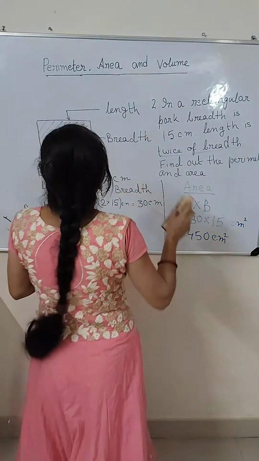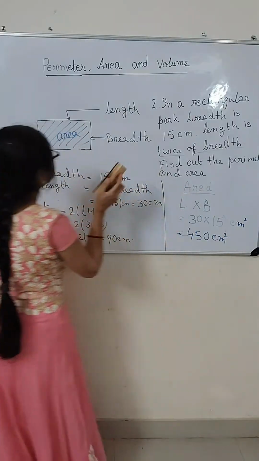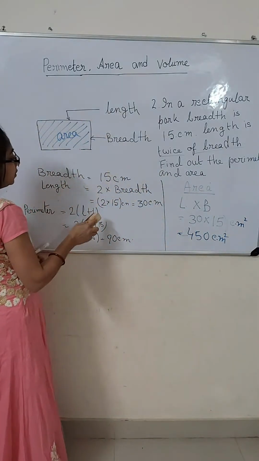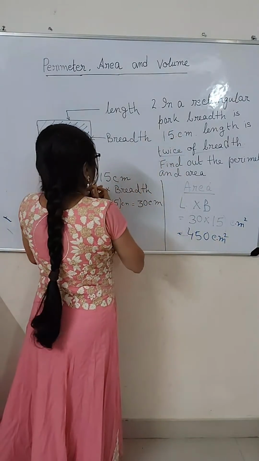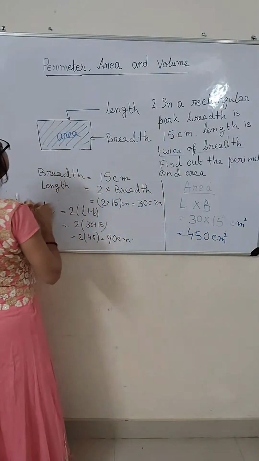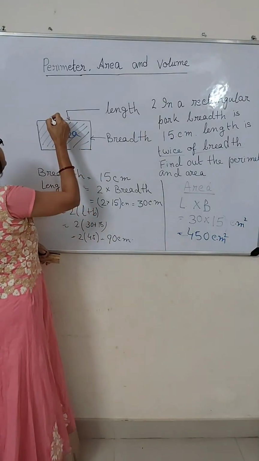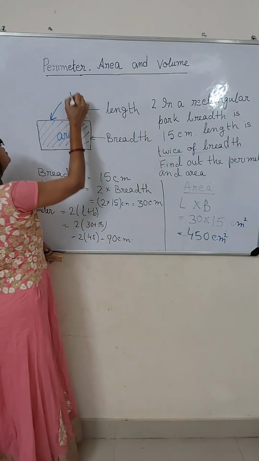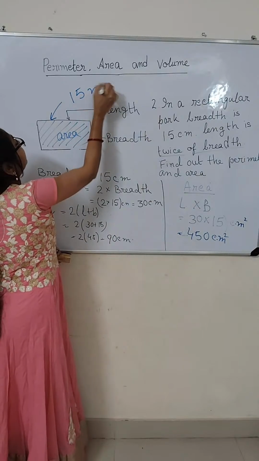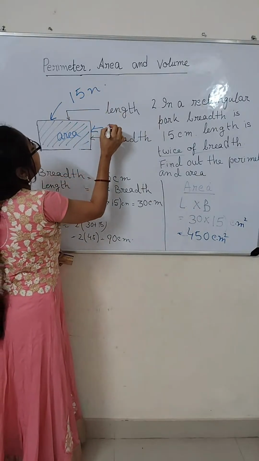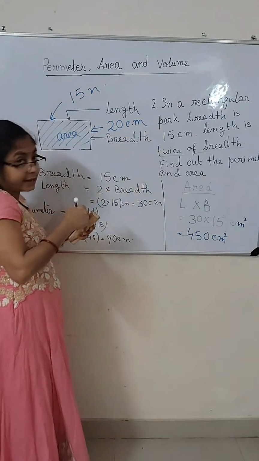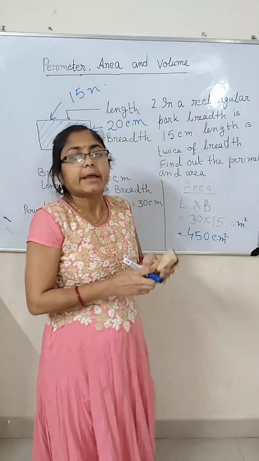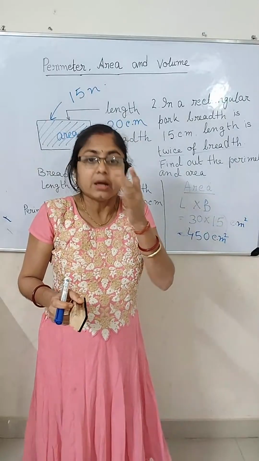And the last most important thing: sometimes what happens? I give a maths where length is 15 meter and breadth is 20 centimeter. Most of the time, kids read the question one time.